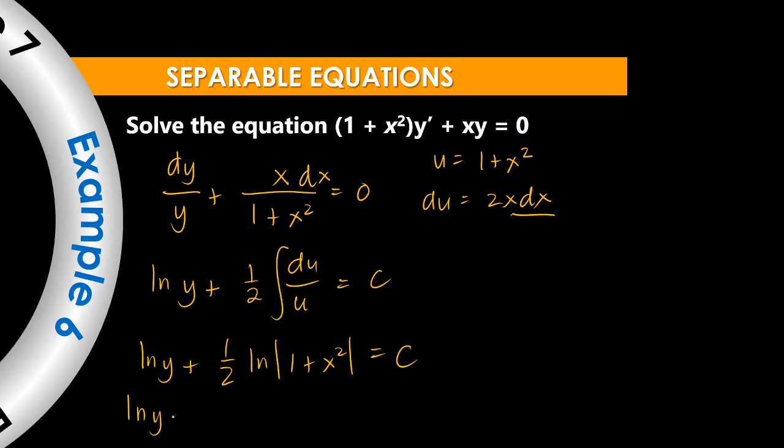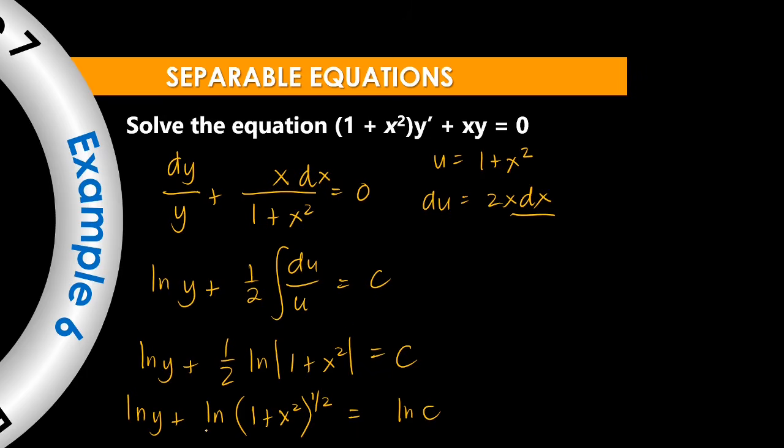So we have ln of y plus, applying the laws of exponent, this could be an exponent of this entire term, ln of 1 plus x squared raised to 1/2 equals ln of c. Sir, bakit? Kasi nga may ln ka dito, may ln ka dito. Aba, baka mainggit yan. Kaya kinakailangan, gawin mo lang din siyang ln of c. Kasi kinakailangan nating masimplify eh. So kung lahat sila may ln, since ito arbitrary, pwede mong kuhanan din yan ng ln of c. Because ln of c is still arbitrary.